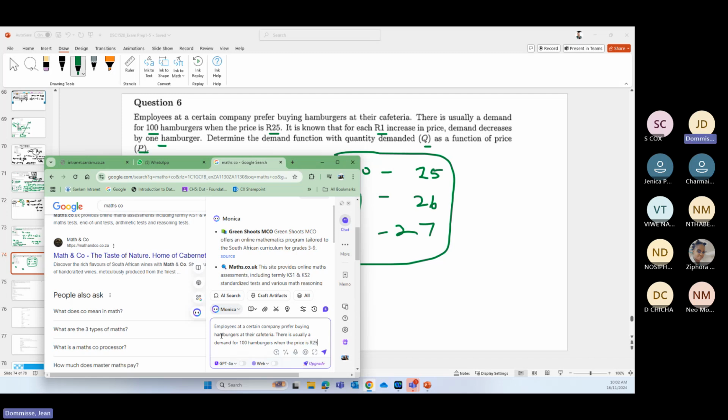So as I'm typing, I would have probably had it as price goes up, Q goes down.